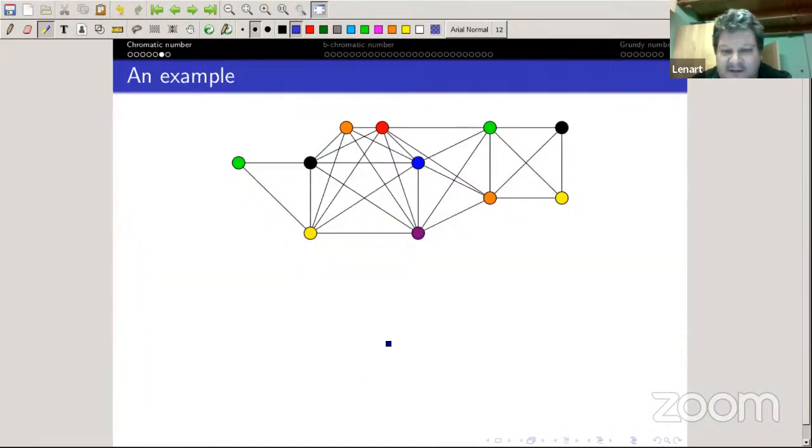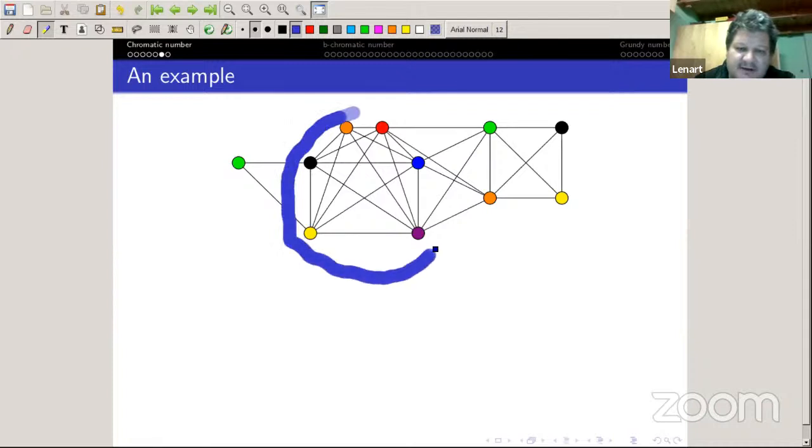Okay, here is one coloring, and maybe you can observe that all these vertices which are in this clique from before have different colors. So you see yellow, black, orange, red, blue, and violet. But actually, these are not the only colors here. We also have a green color on two vertices, so here and here.